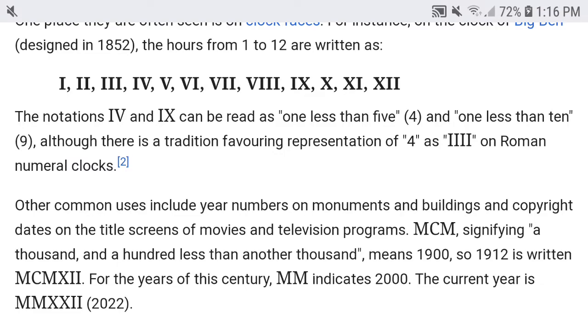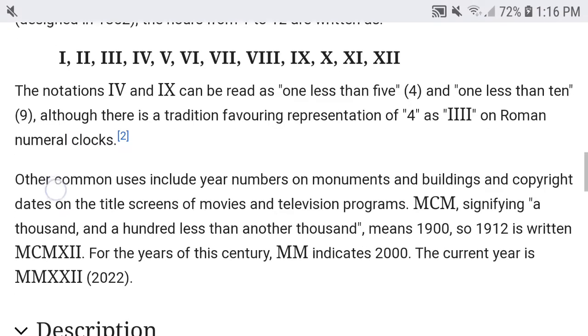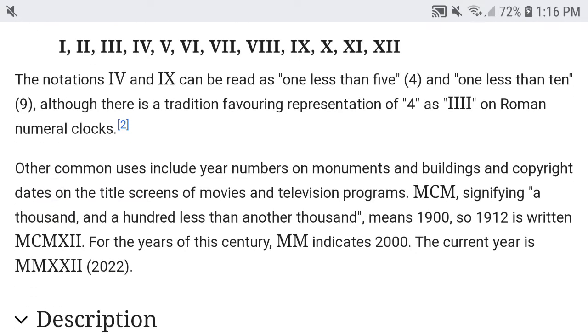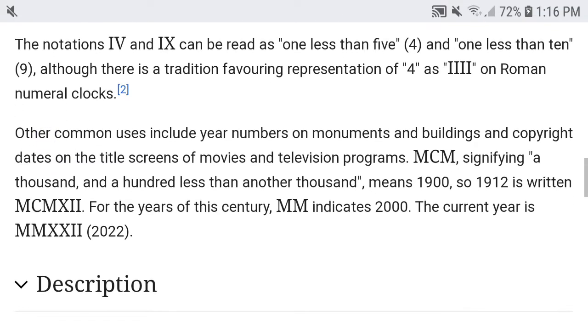Sometimes I watch the credits until all the credits have rolled, and at the bottom there will be something like copyright 1992, all rights reserved, right? And I never actually saw it written in Roman numerals. That's kind of interesting because I actually never saw that, at least the times that I watched it completely.